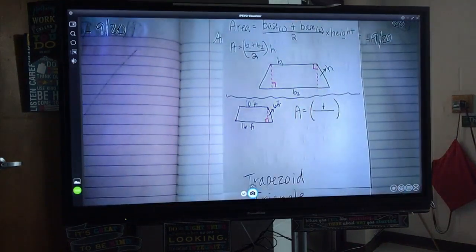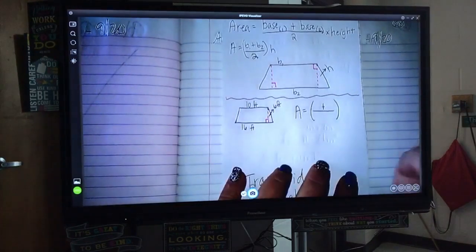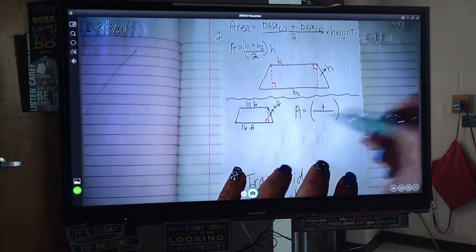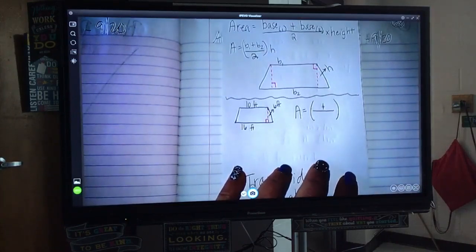All right, so who would like to try to add the numbers into where they go in our formula? So we're looking at our trapezoid, and we're trying to take the numbers and put them in the correct location. All right, Cooper, what do you think? You can just tell me whatever you feel comfortable with.